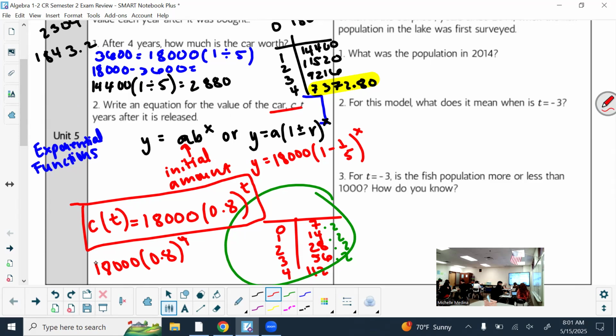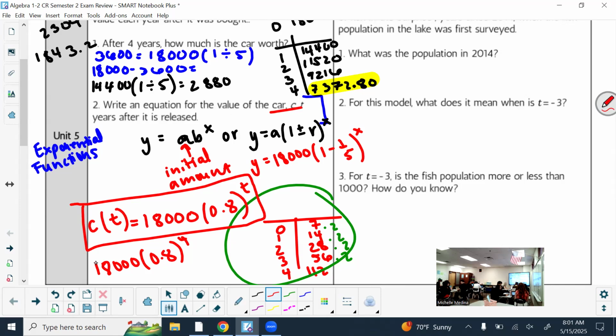So 18,000 times 0.8 to the 4, and put this all in the calculator at once, because technically you should be doing exponents first. And I do get the 7,372.8.